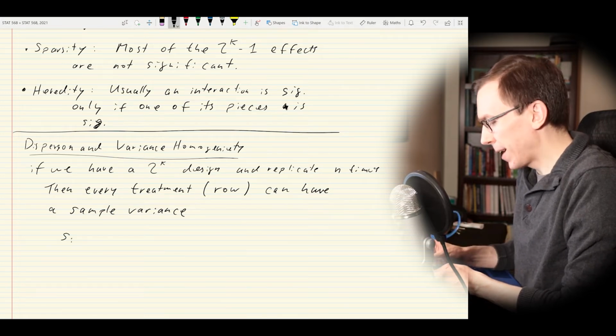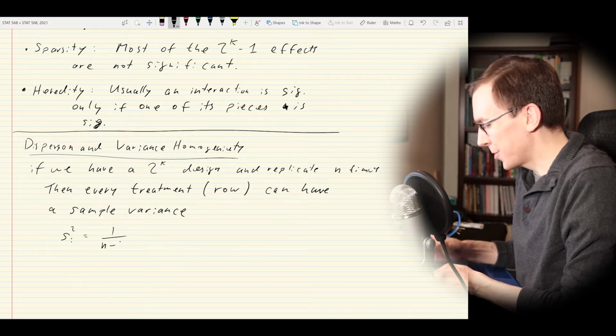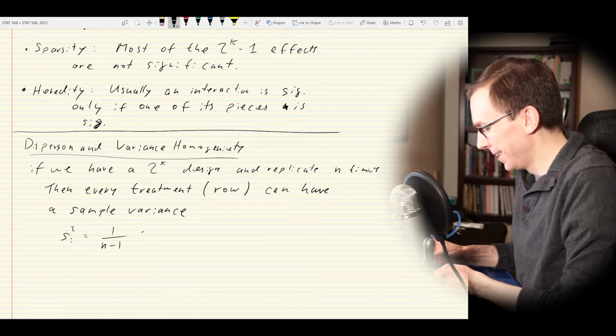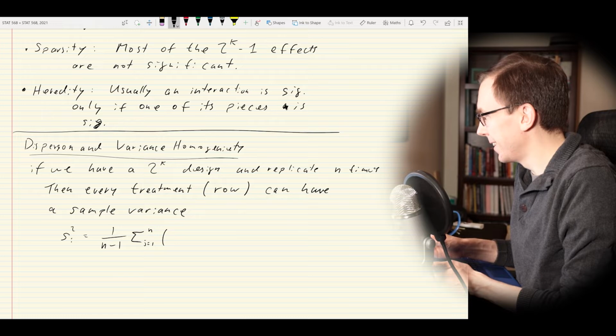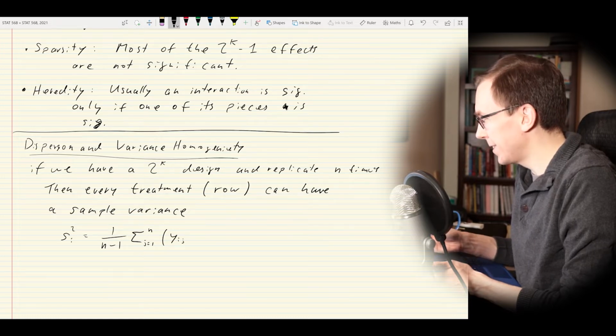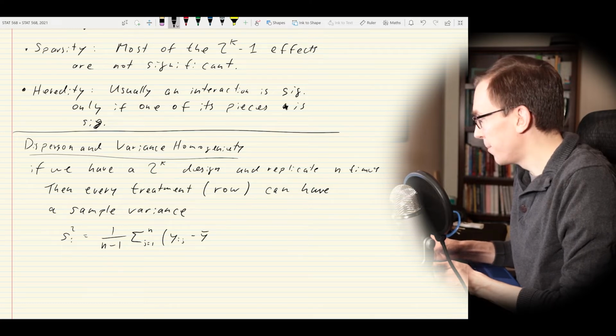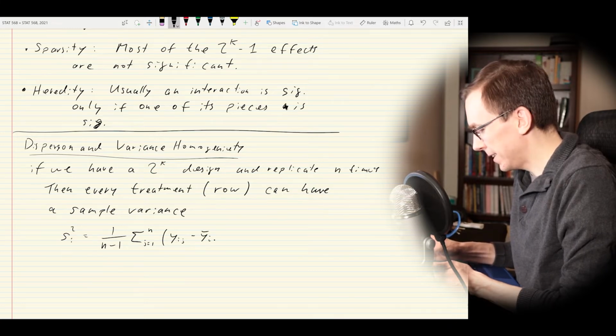Anyway, what we can do is write down the sample variance, nothing too profound. It probably shows up in Stats 101. Effectively, I'm going to sum over j of the observations y_ij minus y bar i dot, squared.